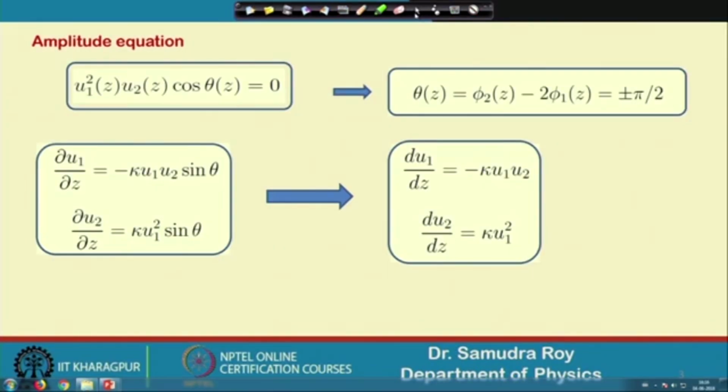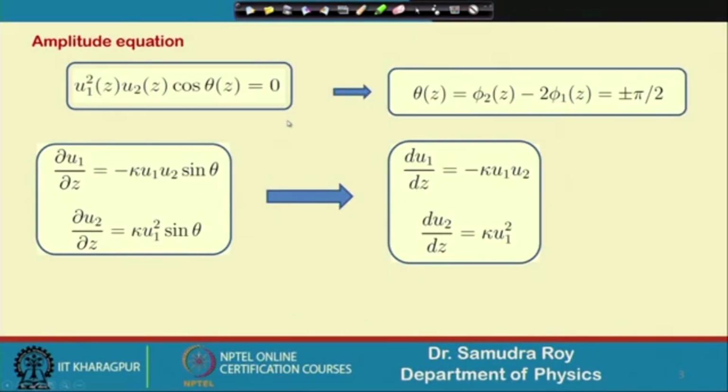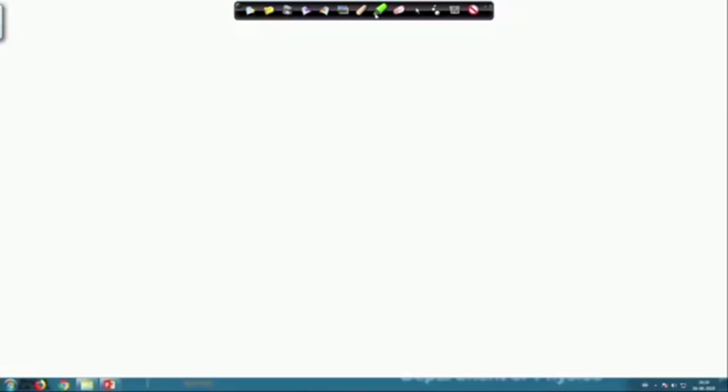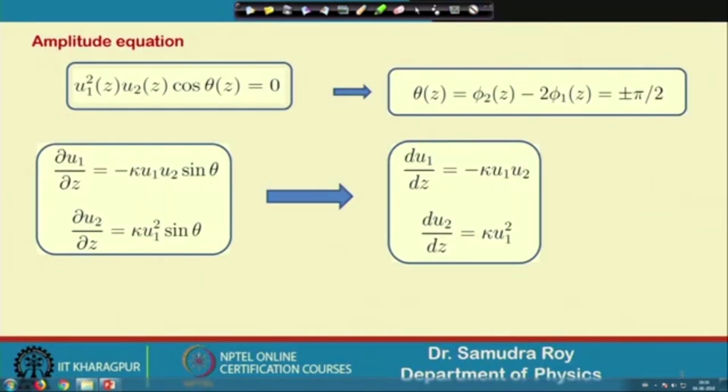So, one quantity is conserved, and that quantity is u1 square u2 multiplied by cos theta, which is constant. We also evaluated this constant: at z equal to 0, u2(0) was 0.